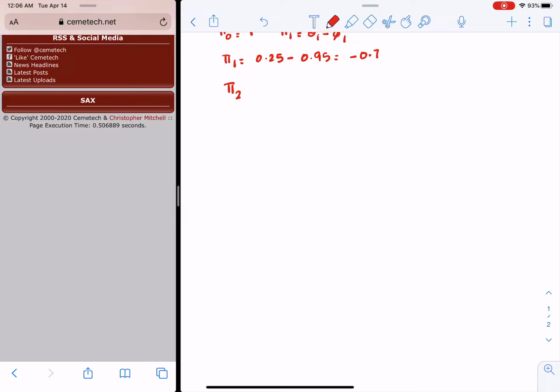We have pi 2 to be equal to theta 1 times pi 1. The general recursion is pi k equals theta 1 raised to k minus 1 times pi 1, or we could have pi k equals theta 1 times pi k minus 1.